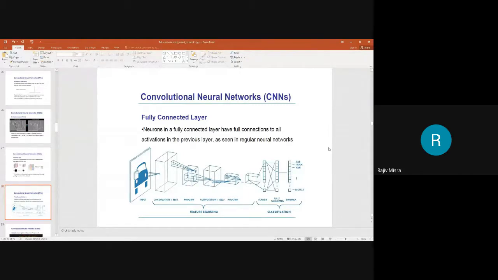So after extracting and learning the features in the convolution layer and the pooling layer, the fully connected layer will now perform this classification, which is shown over here.